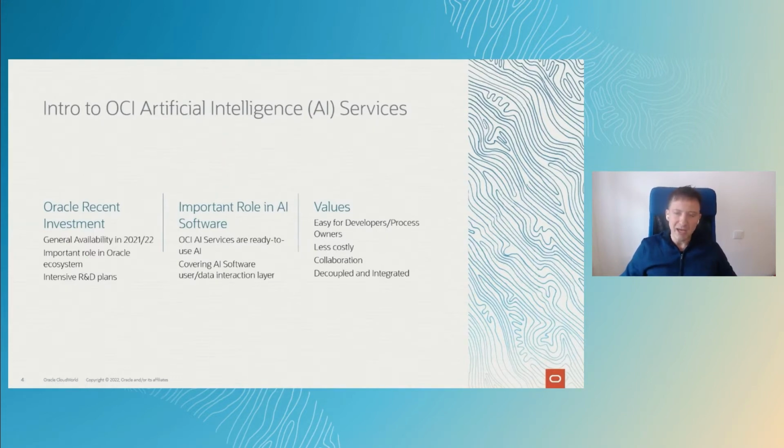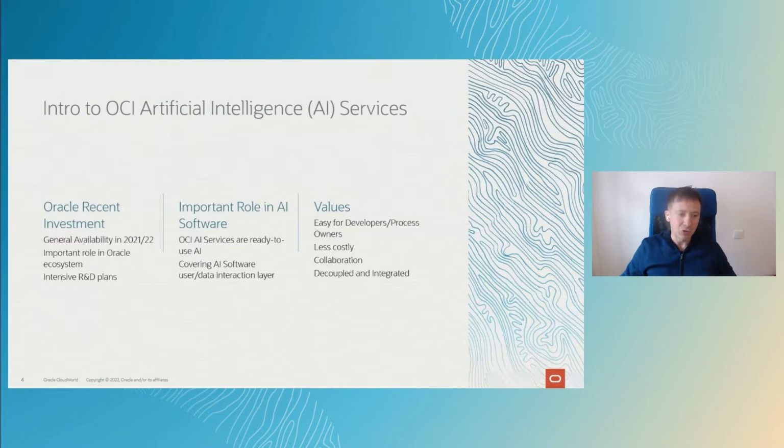AI services are supposed to provide ready-to-use AI models that many roles can work with, that would not require data science skills and hard coding in Python, perhaps. That would provide this user level of artificial intelligence, the so-called democratization of AI, so that everyone can use some AI.